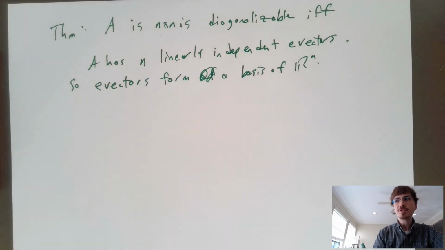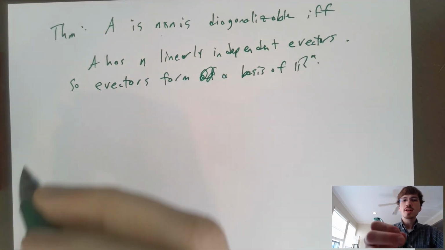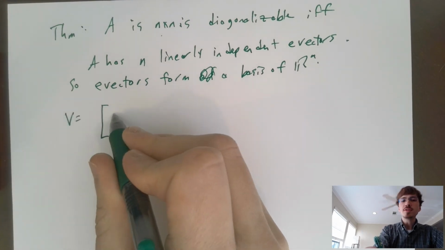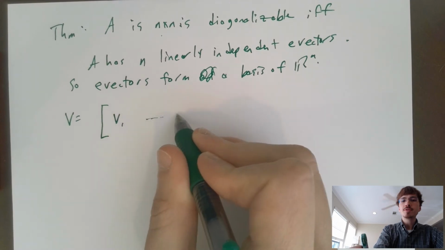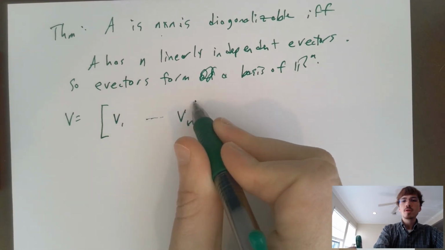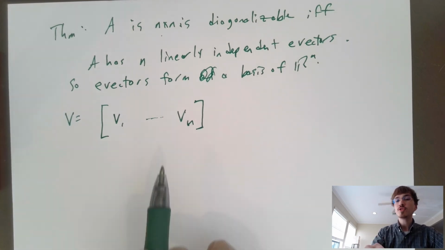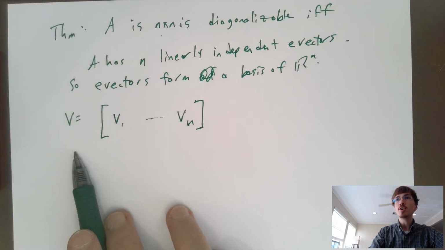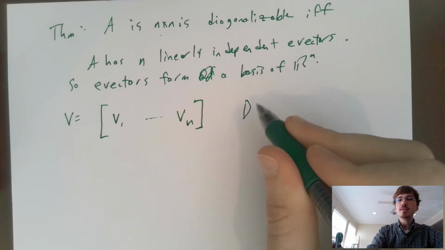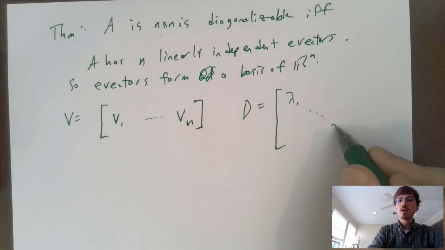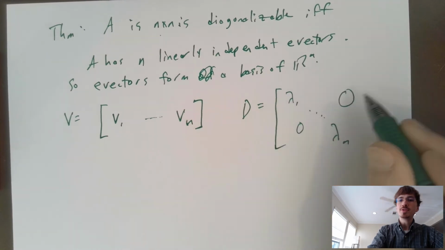Let's see why this is true. Let's let V, again, what's V? It's the matrix with our linearly independent eigenvectors. So suppose we could find such a collection of eigenvectors of A. Let's throw them in one matrix, call it V. And let D be equal to our diagonal matrix, lambda 1 through lambda n, with zeros elsewhere.